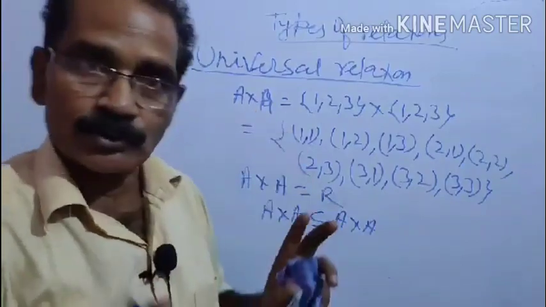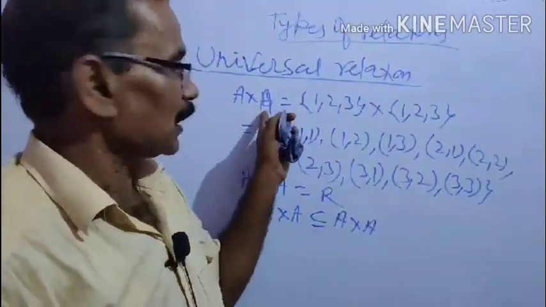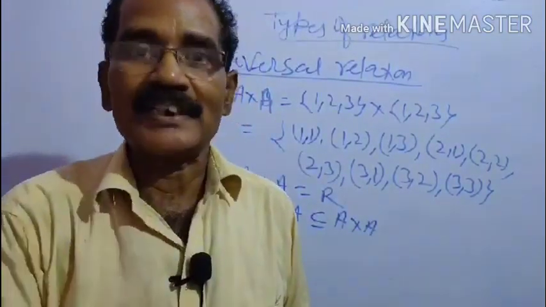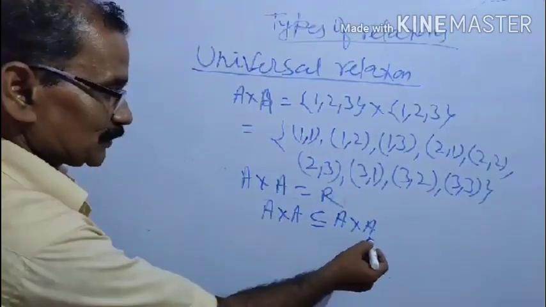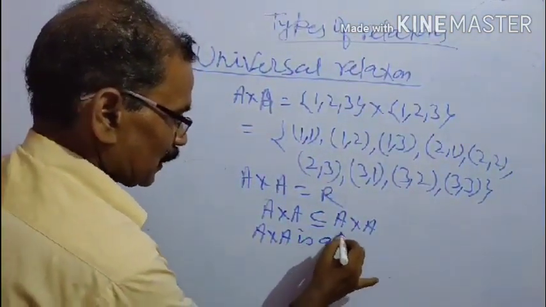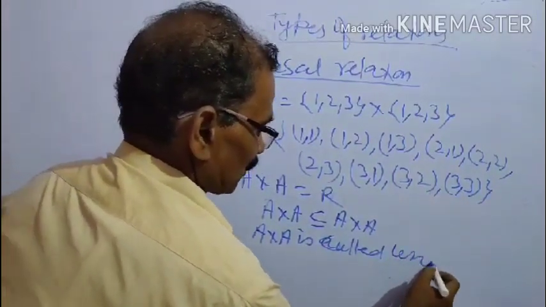So A cross A is also a set. Clearly this is also a subset of itself. Therefore A cross A is called universal relation.